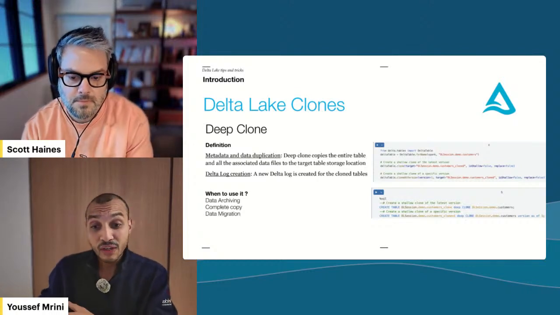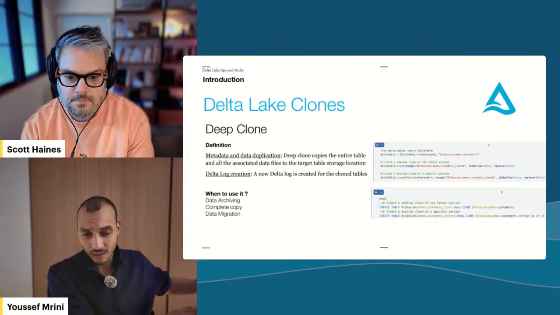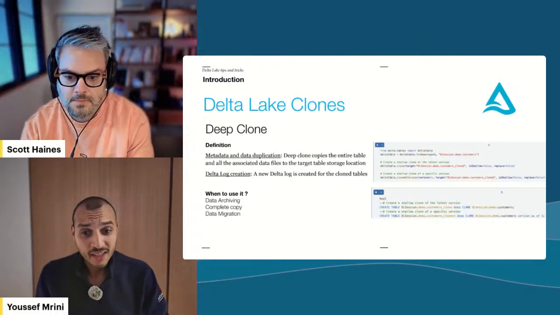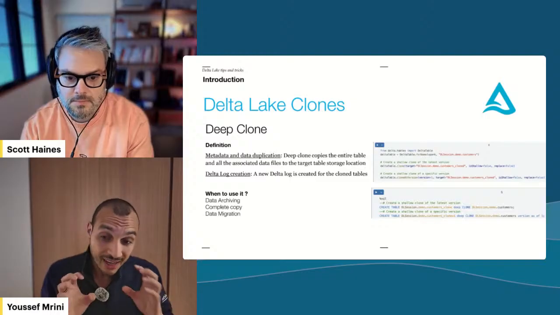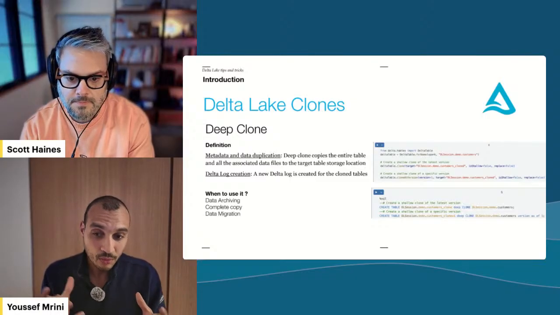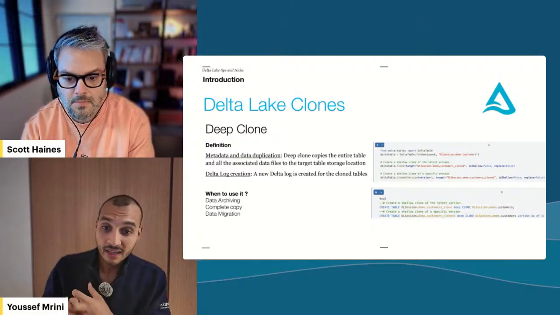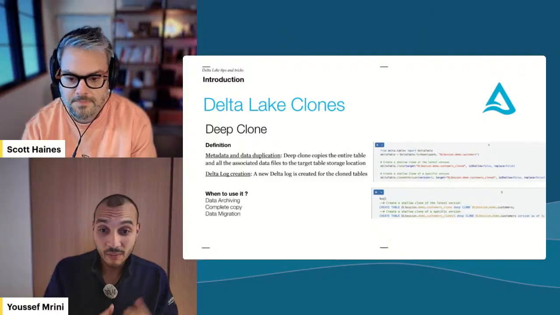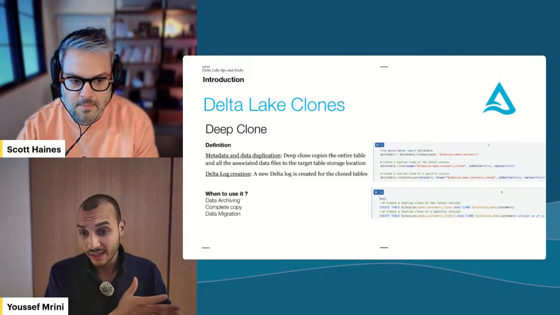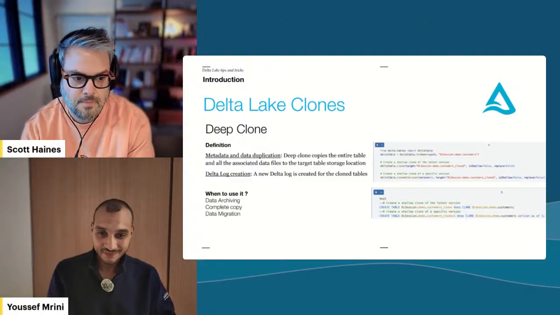Or if you want to clone the table, like copy the table to put it somewhere else in another catalog or schema, you can do clones, and they are super efficient. And I think it's really a great way to leverage those two features: shallow clone and deep clone, and of course the APIs in the screenshot can be used with SQL and Python as well.